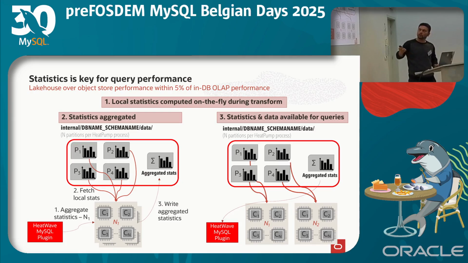We do that while scanning all the chunks. We compute statistics, and then there is a merge phase. We aggregate those statistics into one, and then write them back to object store. Later in query processing, we can utilize it for optimization.